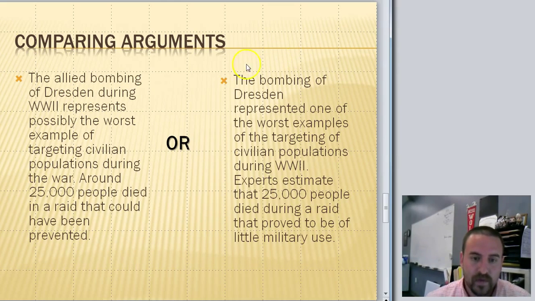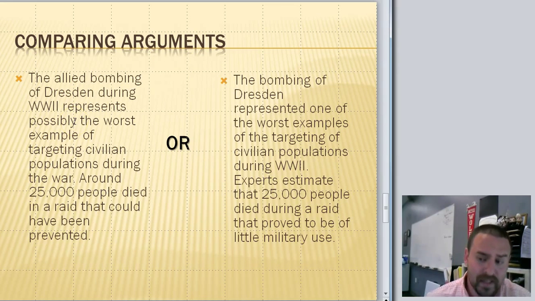Right. What has this paragraph done differently than that one? Well, it doesn't talk about possibly the worst example. It says represented one of the worst examples. So with this one, it's letting us know that there could be other examples of targeting civilian populations during World War II that were worse, but this is up there in the list. This is saying it's possibly the worst.